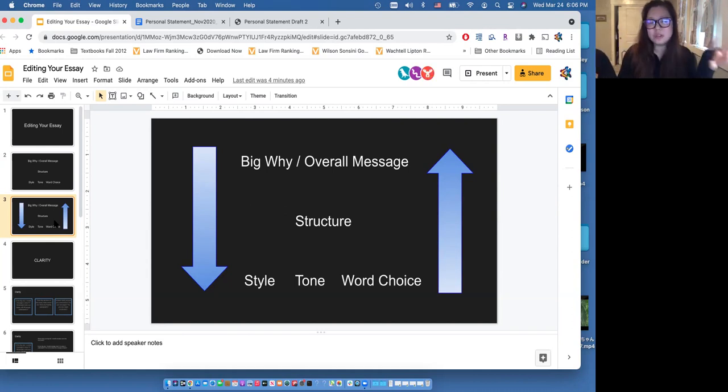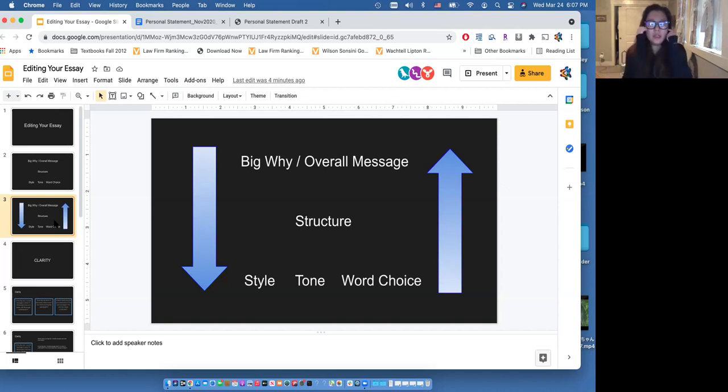So I like to say, let's start editing from the big overall message in your essay, to your structure, how that essay is structured, what the paragraphs are doing, what the sentences are doing, and then to the style, tone, and word choice. Are they all working towards that big message? That's how I like to look at it.